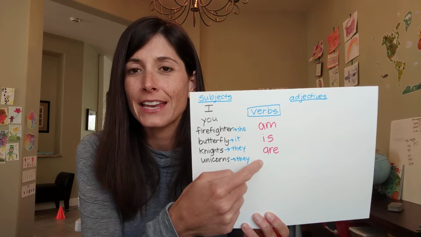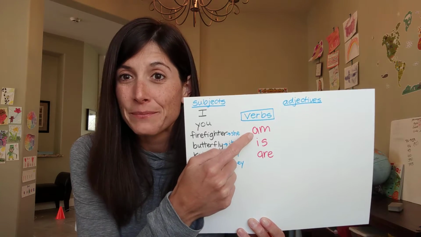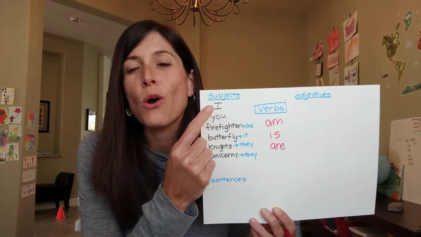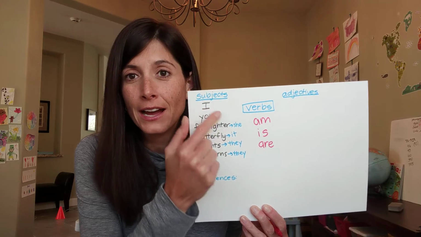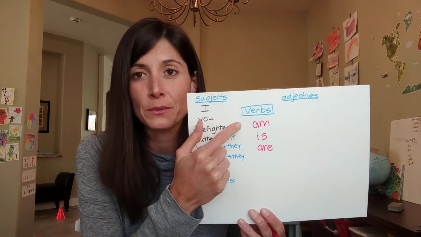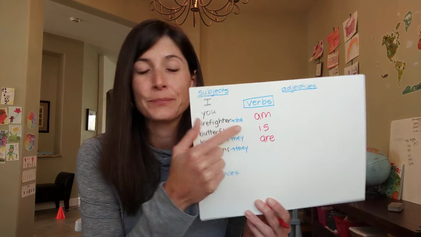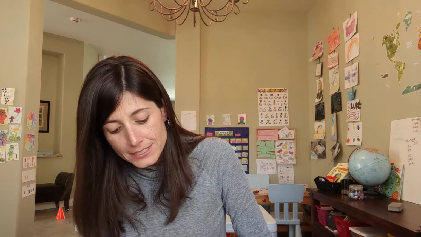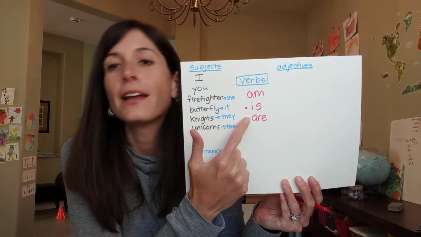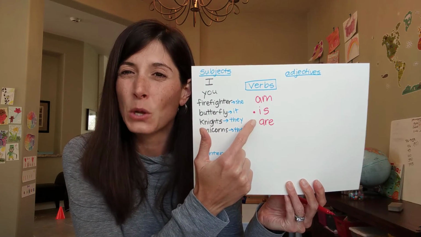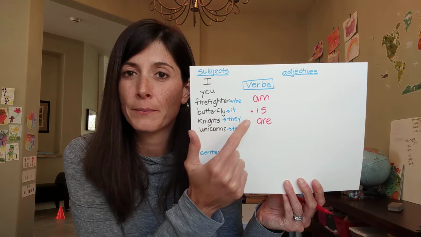Am, is, and are. Am is great because we only use it with the subject I. I and am, that's all we use it with. Is used with singular subjects. So I drew a singular dot right there just to remind us it only goes with singular subjects.